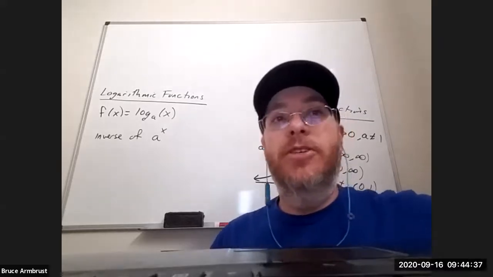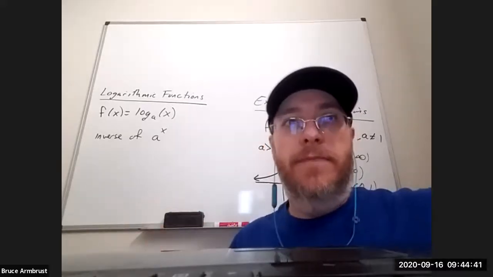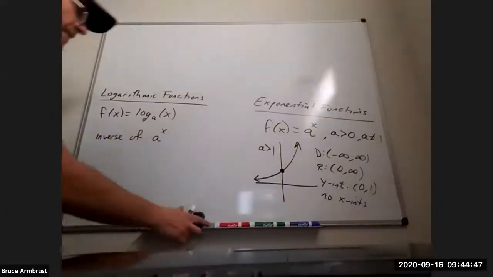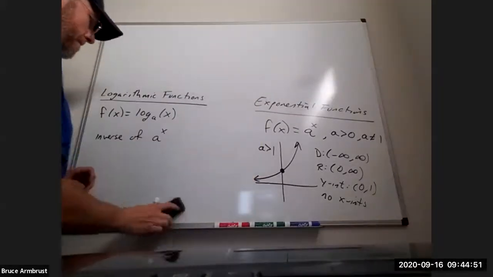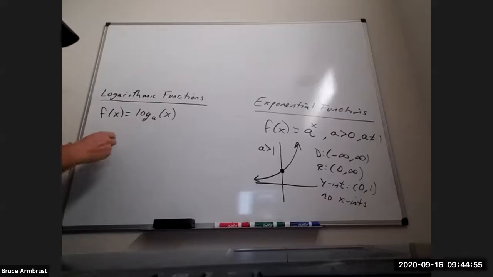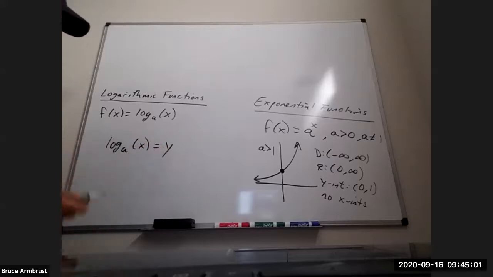So first, let me show you how we translate from logs to exponents, okay, because this can be useful. So let me give you a log expression. Just go with log base a of x equals y.